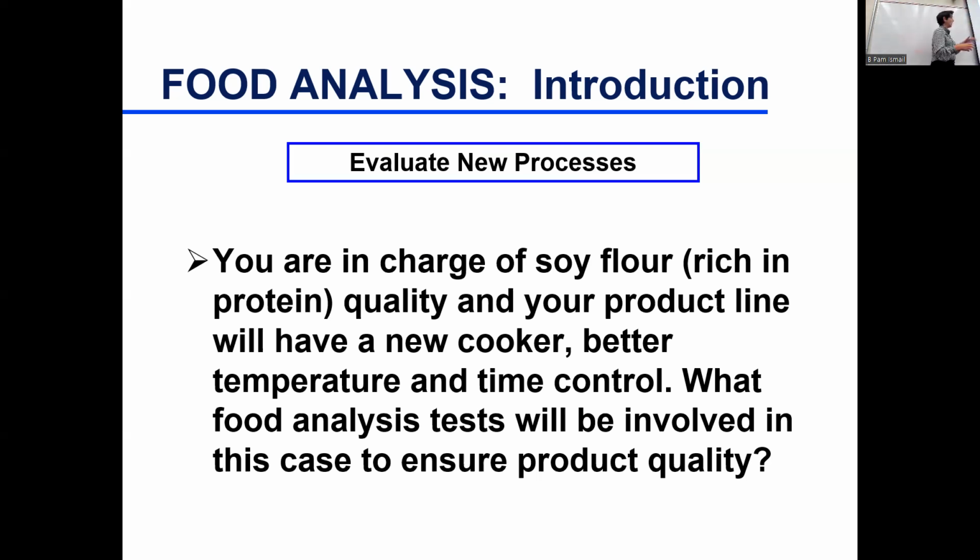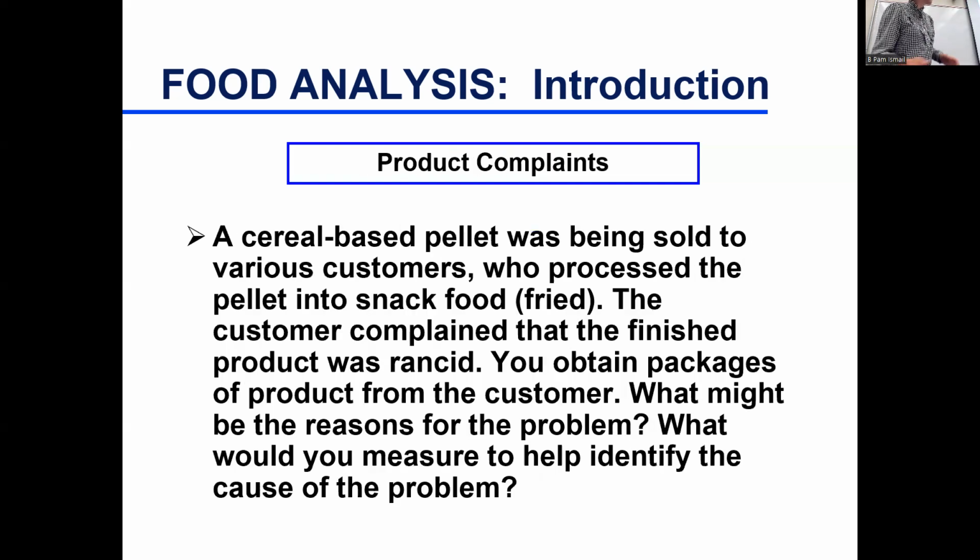When I was working at Cargill during that year, that was what I suggested. Let's bring batches of previous soy flour from the previous cooker, and a couple of trials from the new cooker to determine consistency between one trial and another. And let's look at protein denaturation in these different sets of samples. So yeah, that was a real life example.